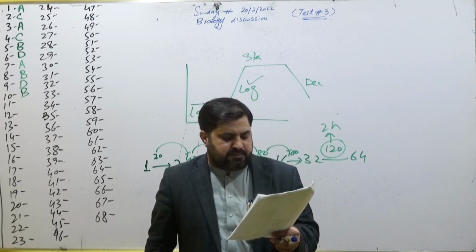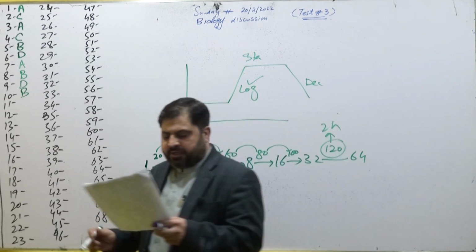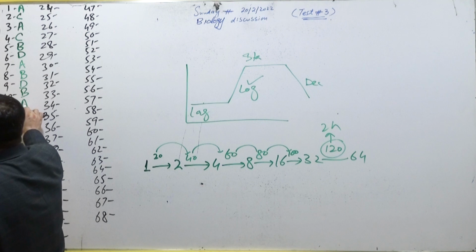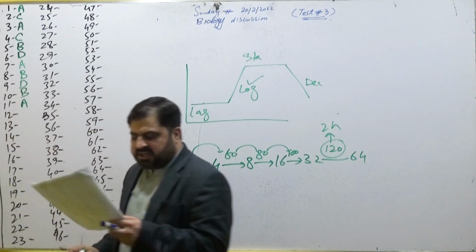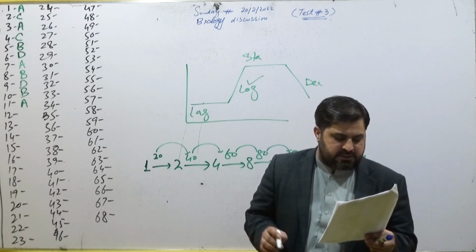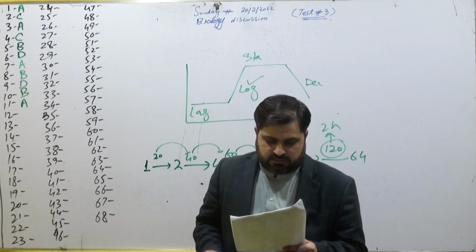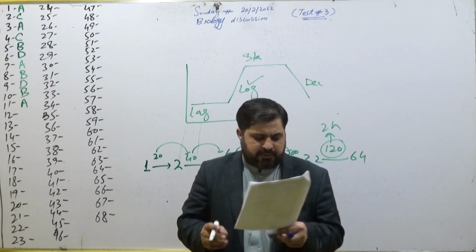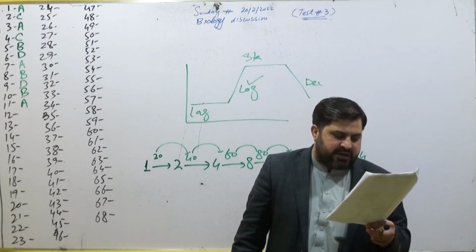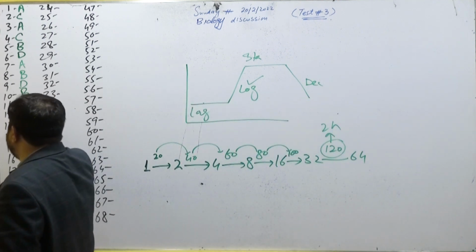Coming toward MCQ number 11, bacterial wilt is caused by Ralstonia solanacearum. That's a bacterium which causes bacterial wilt, while Agrobacterium tumefaciens causes bacterial galls or crown galls. Coming toward MCQ number 12, typhoid in humans is caused by Salmonella typhi, so option B is correct.